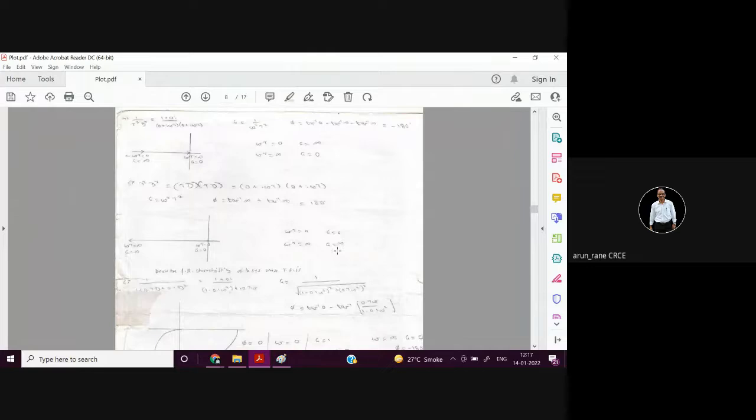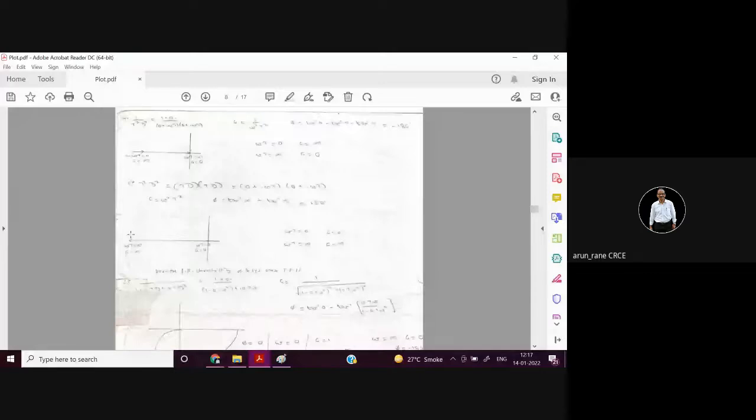Your phi value will be tan inverse of infinity plus tan inverse of infinity, because this is in the numerator, so 180 degrees plus 180 degrees. The values are now going from 0, and this is plus 180, so the graph will be like this.